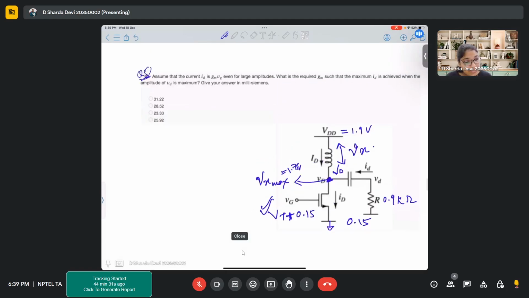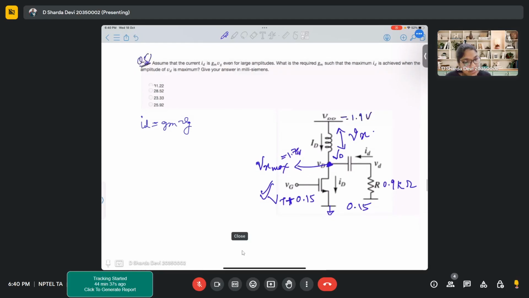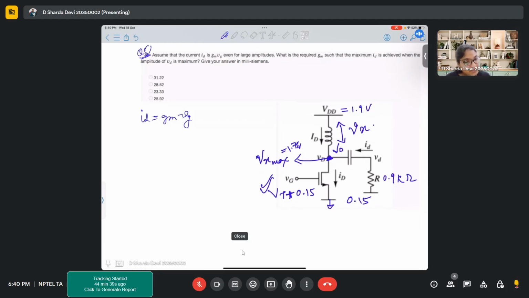Okay, so for this circuit, it is said that let ID is equal to Gm into Vj, and even for large amplitudes, what is the required Gm such that maximum ID is achieved when the amplitude of Vd is maximum?